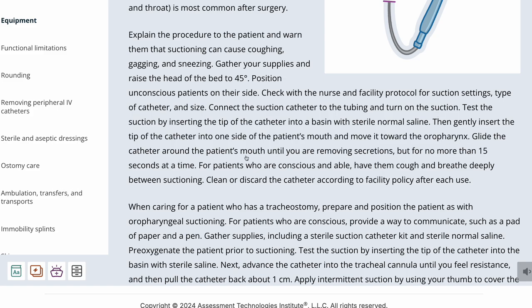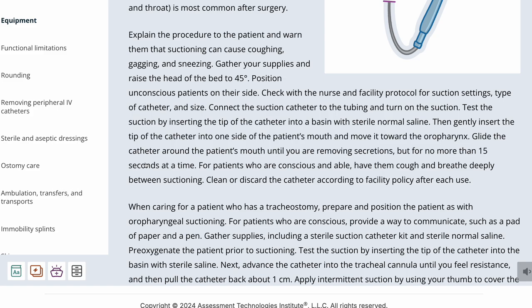Glide the catheter around the mouth until you remove all secretions. This is important, but for no more than 15 seconds at a time. The suction should not be in the mouth for more than 15 seconds at a time. So every 15 seconds, pull it out, give the patient a chance to breathe or whatever they need to do, and then you can reintroduce the suction catheter.